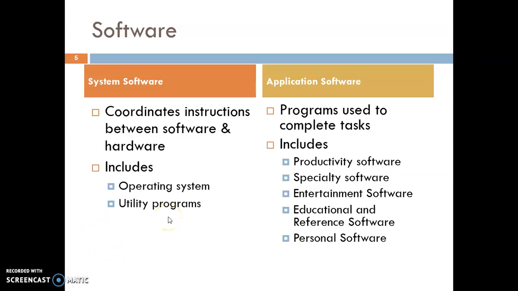A utility program is often in the operating system and helps manage system resources and device drivers. Some examples of utility programs include disk defragmenters, network managers, antivirus software, backup software, disk repair, disk cleaner, data security, file manager, and many more. And application software is what you use to do tasks at home, school, and work. It includes productivity software, specialty software, entertainment software, educational and reference software, and personal software.